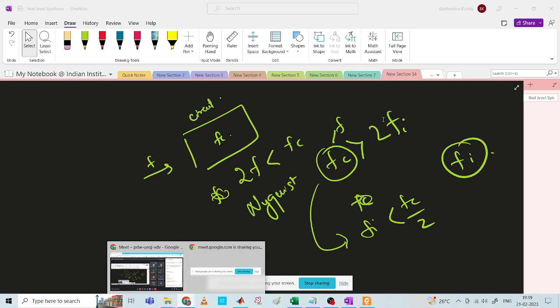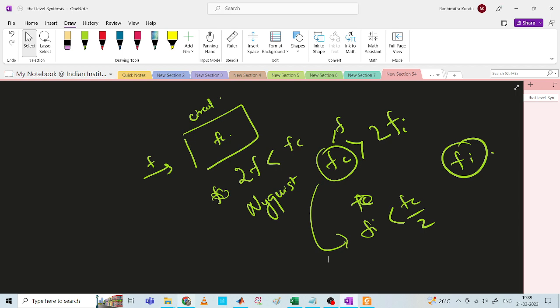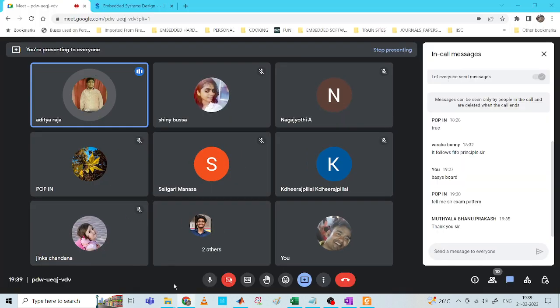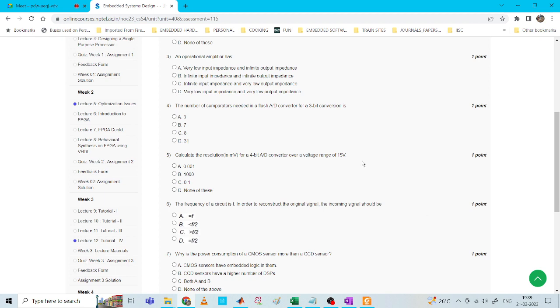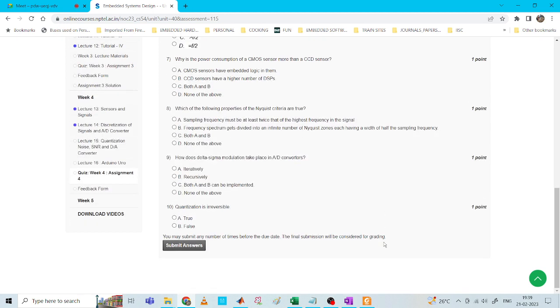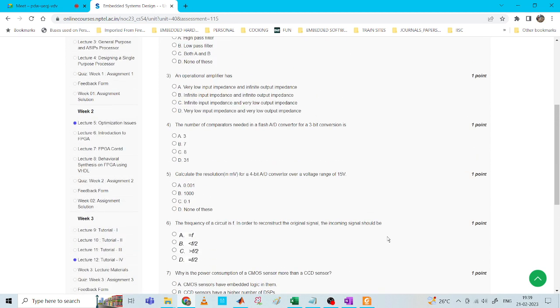Sir, I have one doubt on resolution also. We want to calculate in millivolts. Which question? The fifth question, sir. I think you have to calculate in volts. It says in millivolt, right? Calculate the resolution in millivolt.